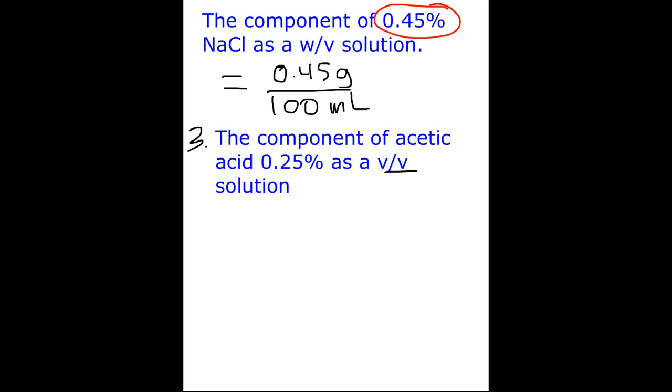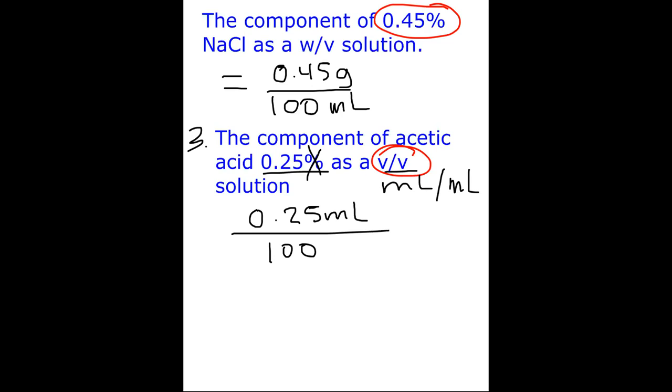So volume means that this is going to be milliliters per milliliters, correct? So now we have our 0.25%. So again, we'll get rid of that percent and put 0.25 milliliters over 100 milliliters. So it's that simple. Let's go ahead and move on to another problem.